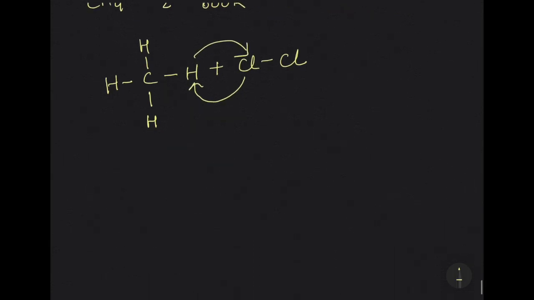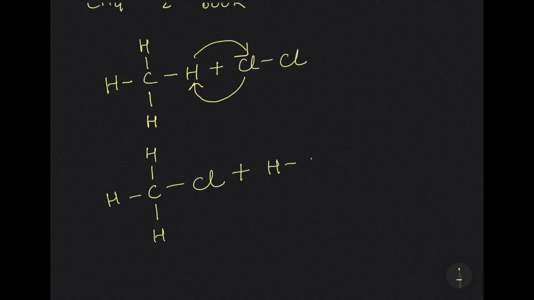So what product will you get? You will get C, how many hydrogen? 3, CH3, and then chlorine plus HCl. Okay, so this is known as chloromethane.